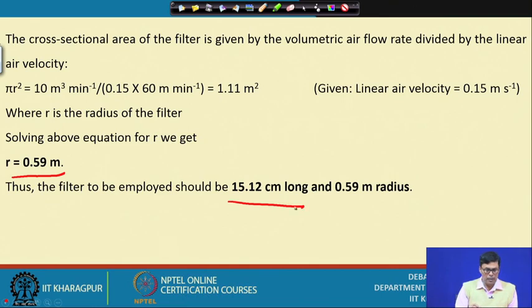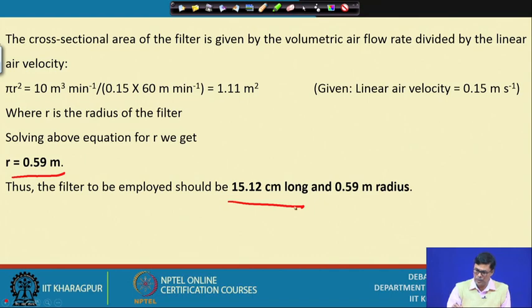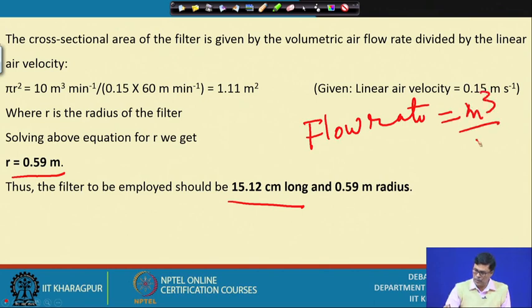That we can easily calculate. I hope you understand how we have calculated it, because we know the flow rate. Flow rate is what? Flow rate is cubic meter per minute. Am I right? Now, if you divide by the velocity of air, then obviously we will get the cross sectional area.